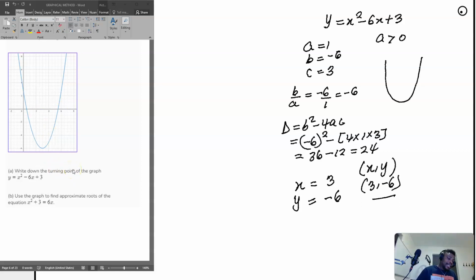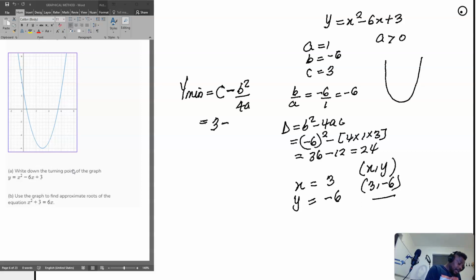But remember, you can still calculate your turning point by the formula that I gave you, right? In this case, this is y minimum, because it opens up. So y minimum is equal to c minus b squared over 4a. What is our c?